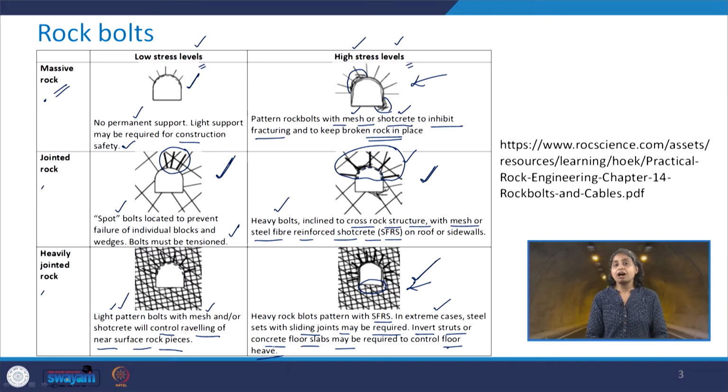So this is how, based upon what type of rock mass you have along with the stress levels, you can get the overall idea of what type of rock bolts should be provided, and whether they should be provided all alone, whether they will be sufficient all alone, or they should be provided with the mesh or in combination with shotcrete.